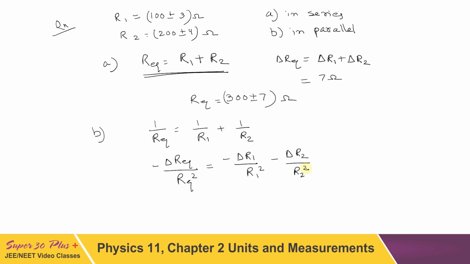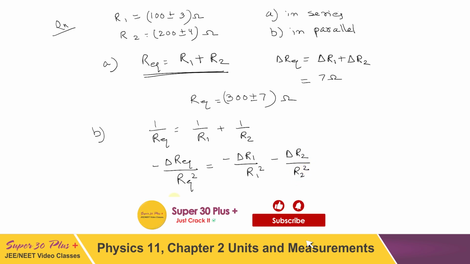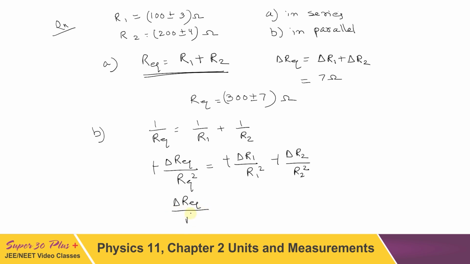Now simply substitute the values, all these minus signs can be cancelled. Delta R equivalent upon R equivalent square is equal to what is delta R1? 3 upon R1 square, 100 square, plus delta R2 is 4 upon square of 200.